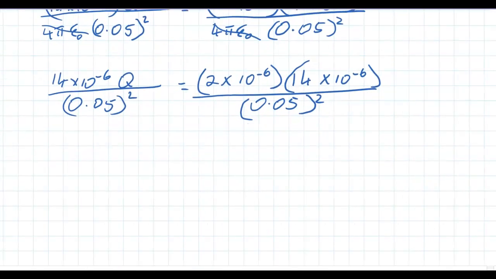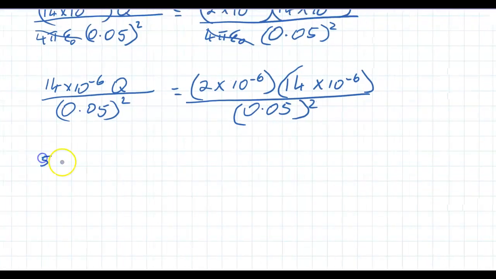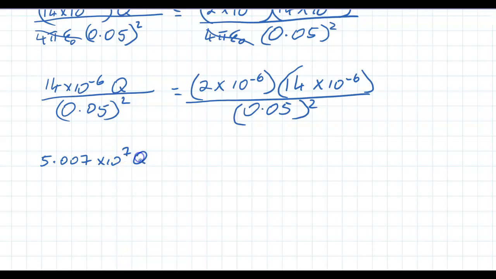When you multiply those out, you get something like this. 5.007 by 10 to the 7 Q is equal to 1.001 by 10 to the 2. And that gives us Q, so you divide both sides by 5.007 by 10 to the 7, and you get Q, the charge, is 2 by 10 to the minus 6 coulombs.